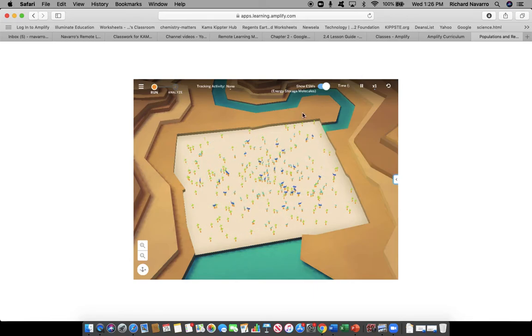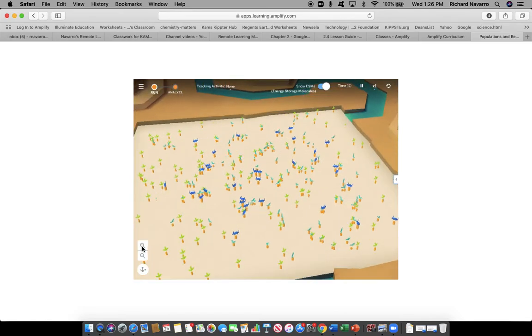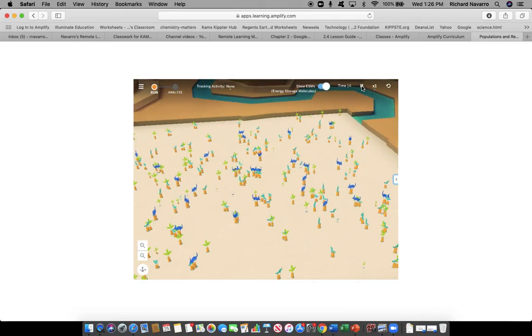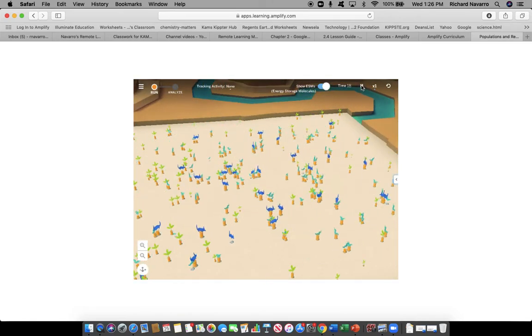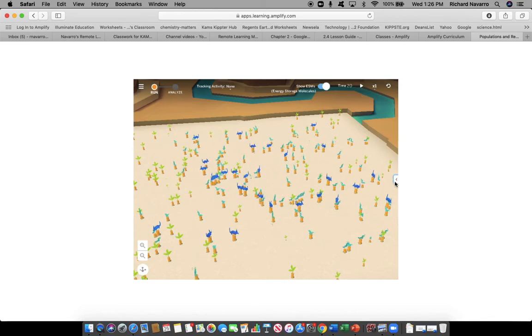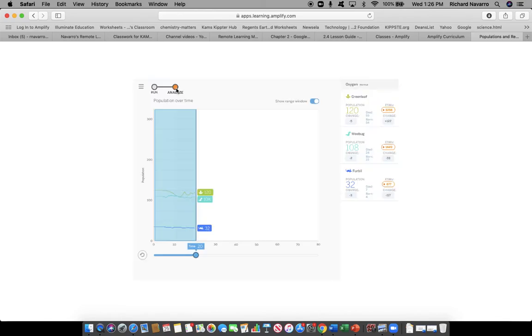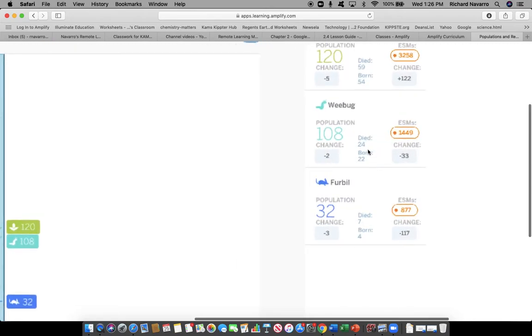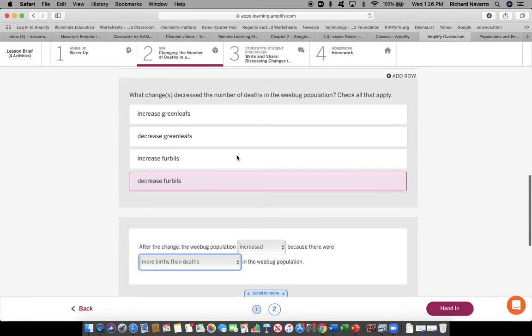So we'll let this time run for 20 seconds. We'll analyze the number of wee bug deaths, and we had about 24. So we'll record our findings.